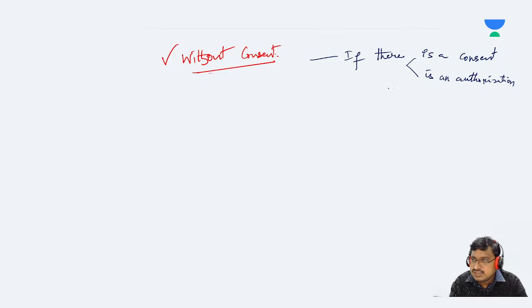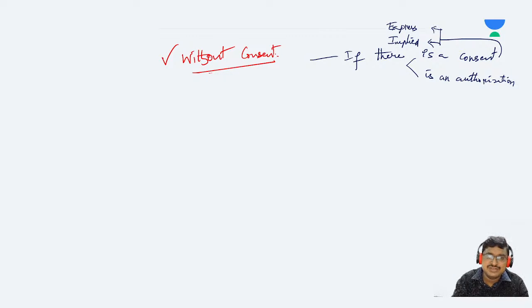And here this consent may be either express or implied. Now let us see a few illustrations in order to understand the concept of consent under theft.